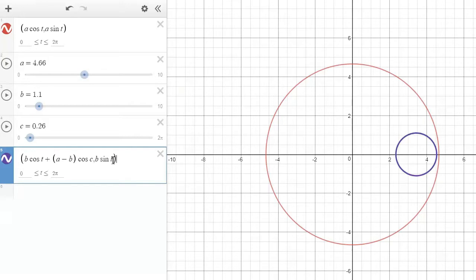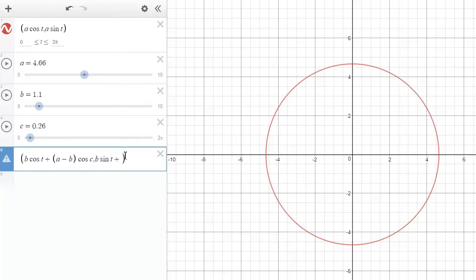The next step is looking at the y component. Looking at the y component of our small circle, we need to move it up. So plus bracket a minus b close bracket sine c.